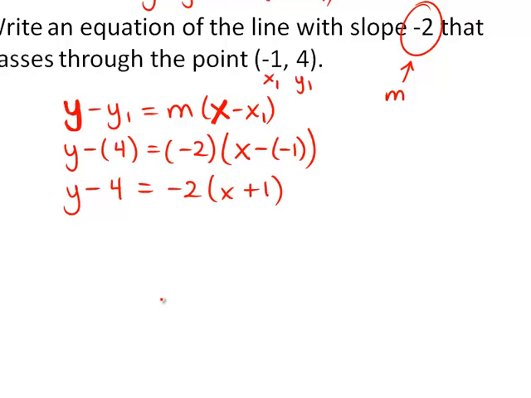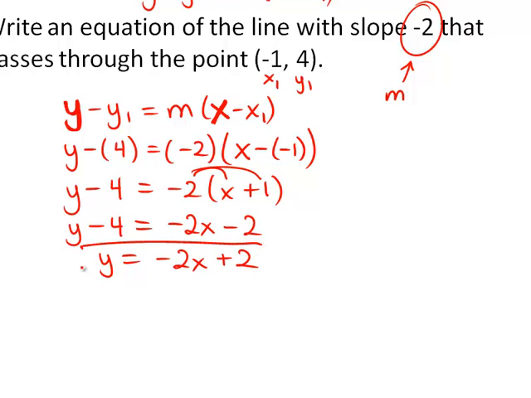And let's just solve that for y. So y minus 4 equals, using the distributive property, -2x minus 2. And we're going to add 4 to both sides, giving us -2x minus 2 plus 4, which is +2. And we have the line equation for the line that is described in the question.